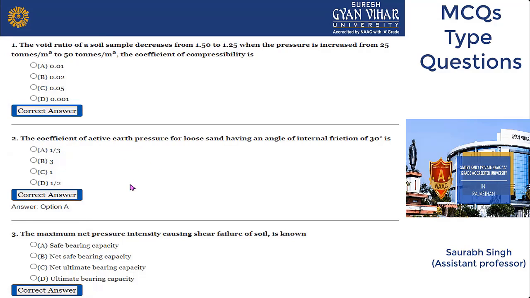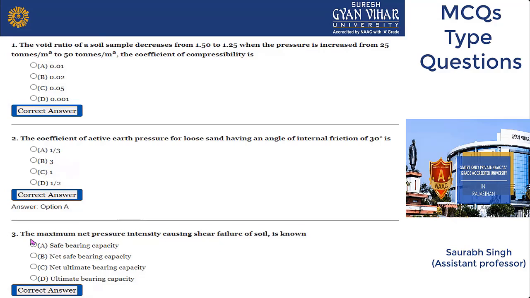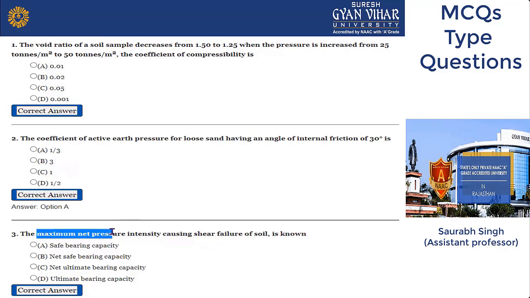Now we will see the third question. What is your third question? The third question is: the maximum net pressure intensity causing shear failure of soil is known as. Here it is asking for the maximum net pressure intensity.